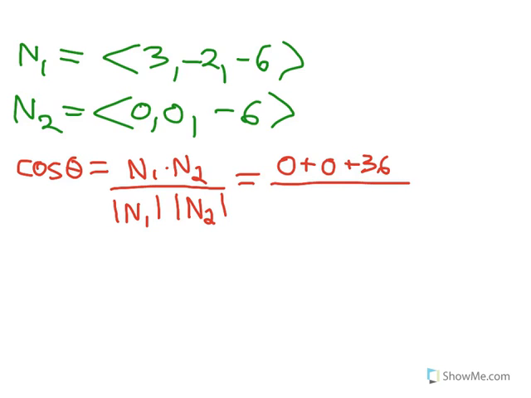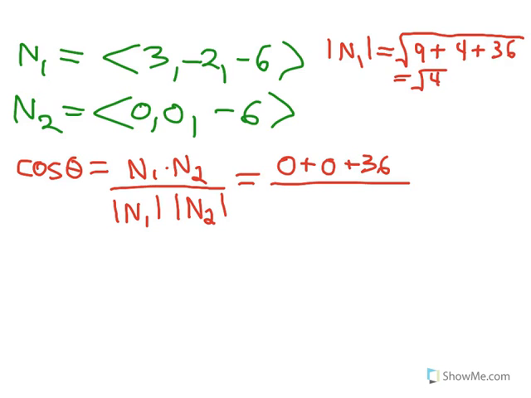Let's do the magnitude of N1. We know the magnitude of any vector is the square root of each coordinate squared and summed together. So 3 squared is 9, plus negative 2 squared is 4, plus negative 6 squared is 36. That is the square root of 49, which is 7.